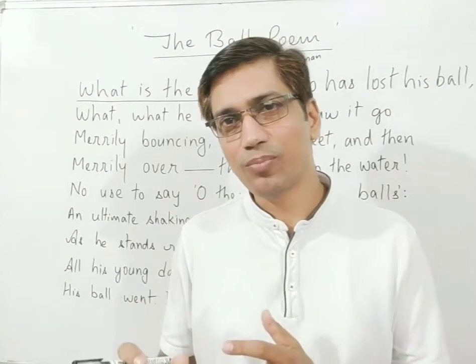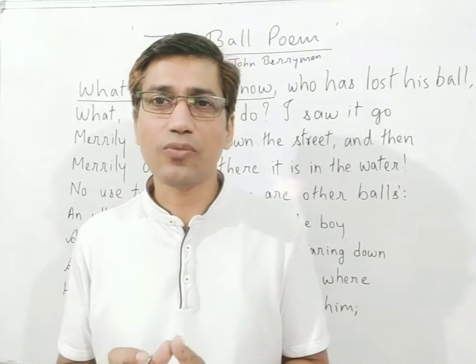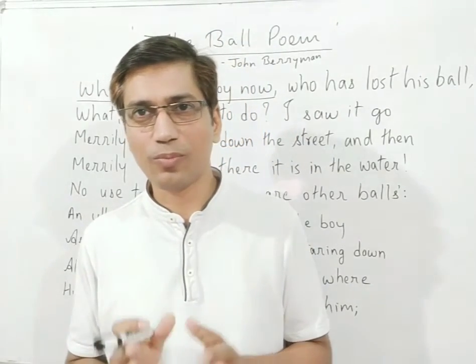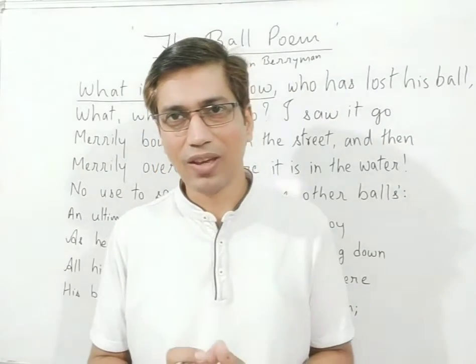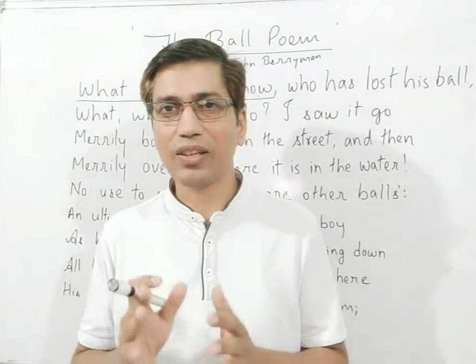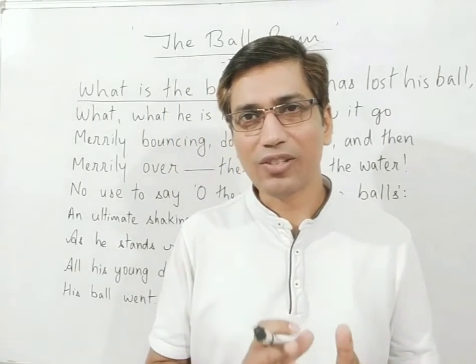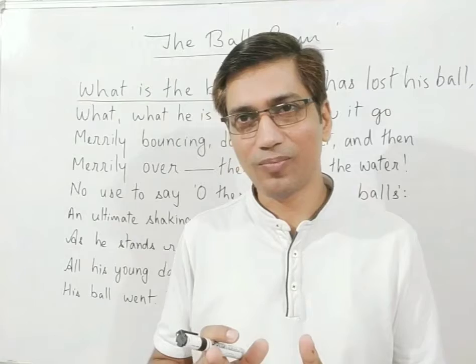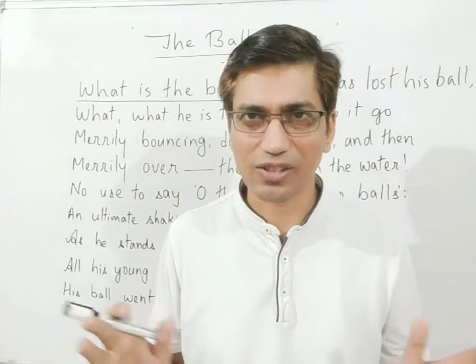And here the poetic device of symbolism has been used in a big way in this poem. The ball symbolizes the boy's childhood and the simplicity and innocence that is linked to childhood. So the boy has lost the ball and he feels his life has become meaningless.